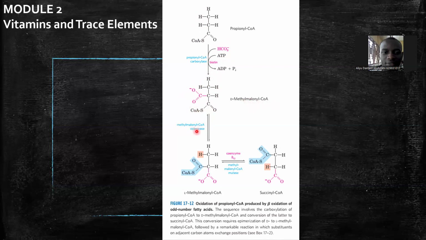Methylmalonyl-CoA is epimerized. That's the name of the reaction. The enzyme that does this is an epimerase, from D to L, giving L-methylmalonyl-CoA. Now, L-methylmalonyl-CoA can go through a forward or reverse reaction. The enzyme that does this is methylmalonyl-CoA mutase, in the presence of coenzyme B12, cobalamin, cyanocobalamin, which is vitamin B12.